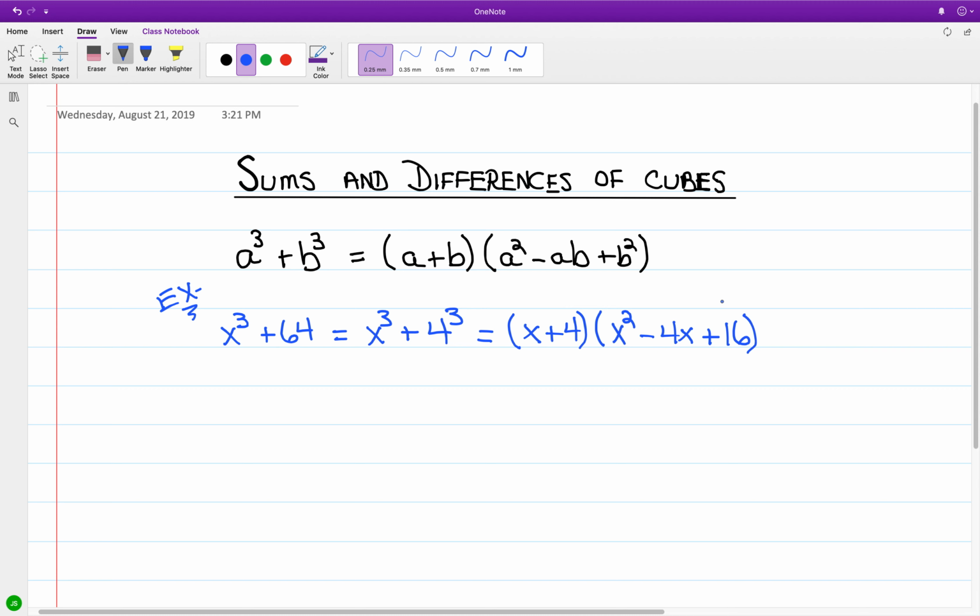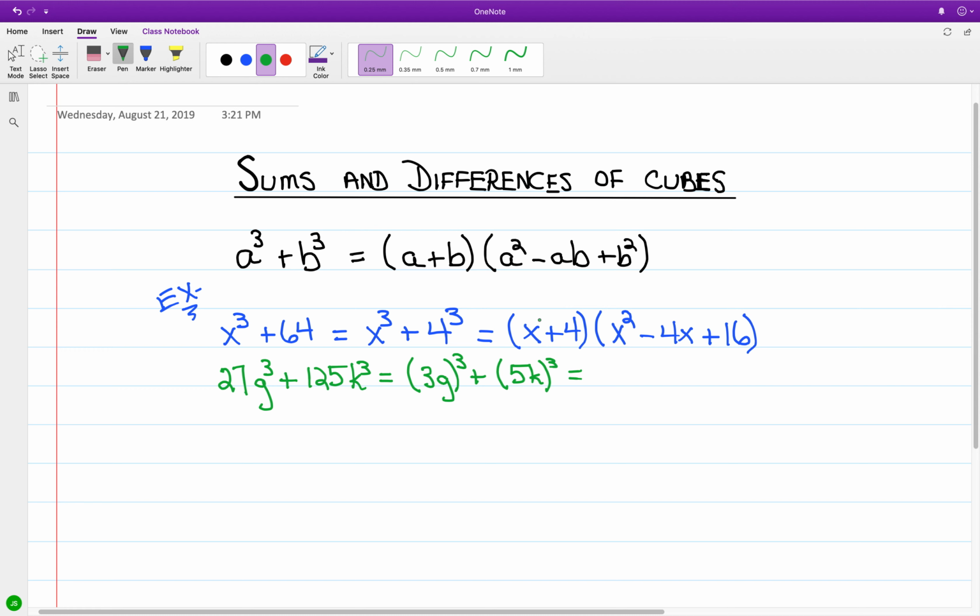Let's say we have another expression in two different variables: 27g to the third plus 125k to the third. 27g cubed is the cube of 3g, and 125k cubed is the cube of 5k.